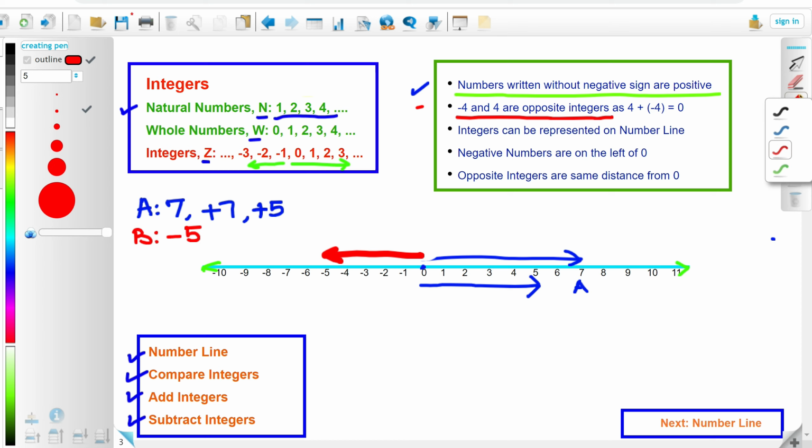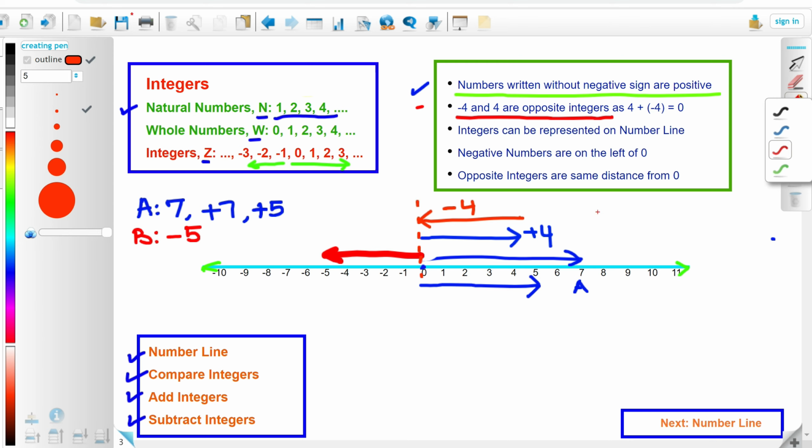So what I'm trying to say here is that positive integer 4 will mean going from 0 to 4 units to the right. So that is plus 4. Now, what is negative 4? Well, from here, come back 4 units. So that is negative 4. Where did you reach? You reach at 0.